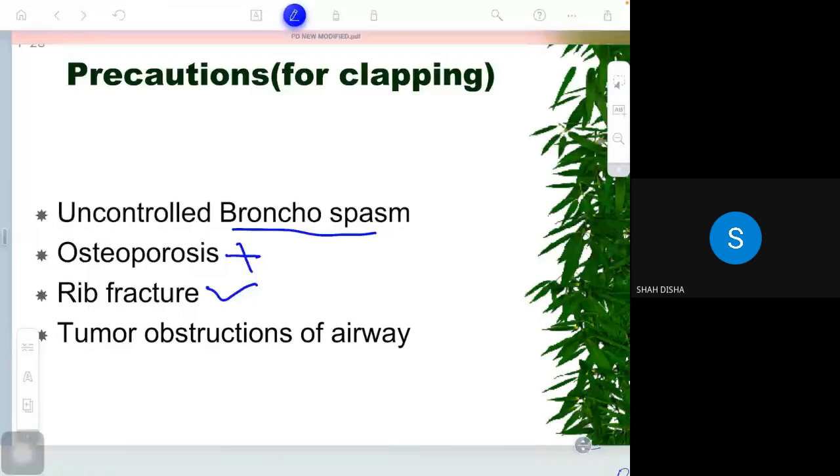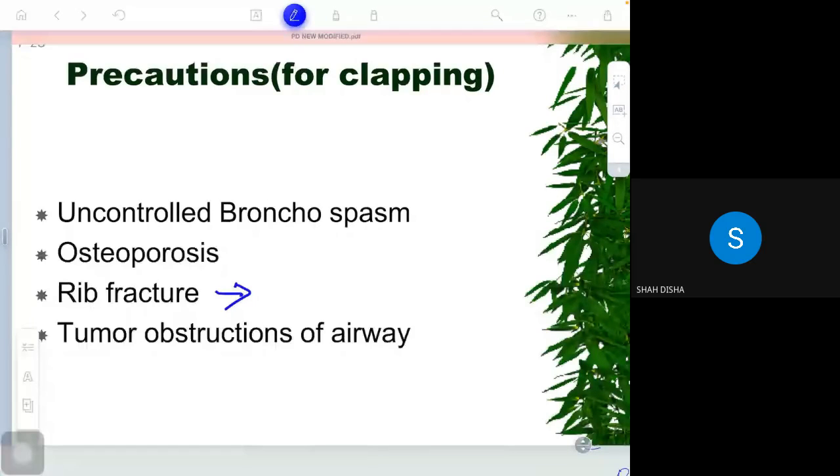So in osteoporosis, either it is contraindicated or you should modify the treatment, or the intensity of the clapping should be reduced. In rib fracture, it is strictly contraindicated.